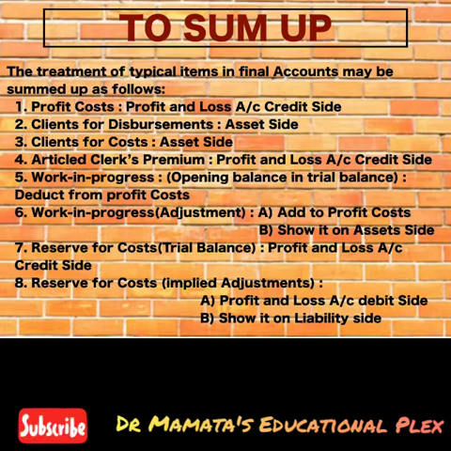Work in progress, the opening balance given in trial balance, should be deducted from the profit costs. Work in progress, if it is an adjustment, then it has to be added to profit costs and shown on the asset side. Then reserve for costs, if it is in trial balance, then it has to be recorded on the profit and loss account credit side.